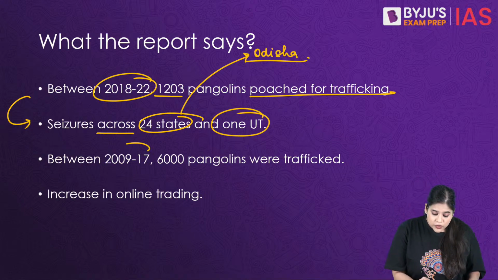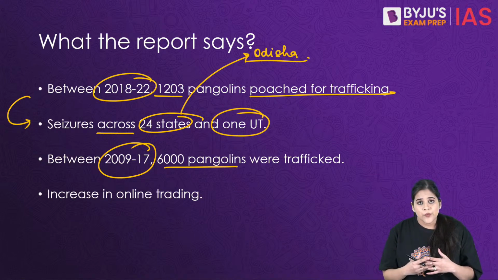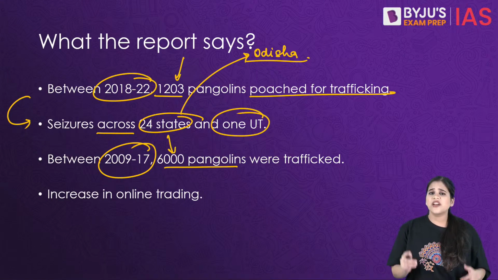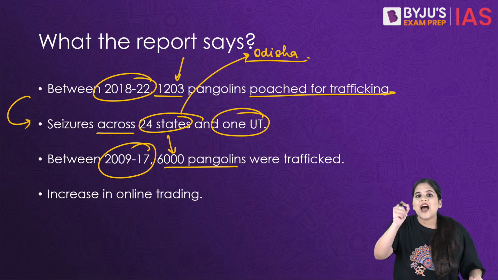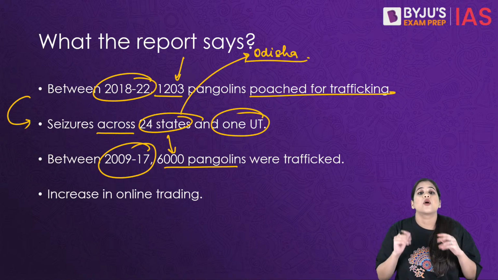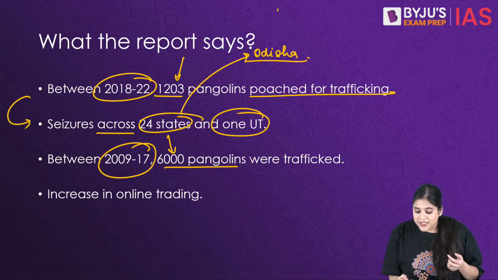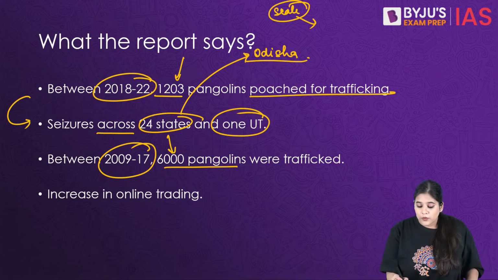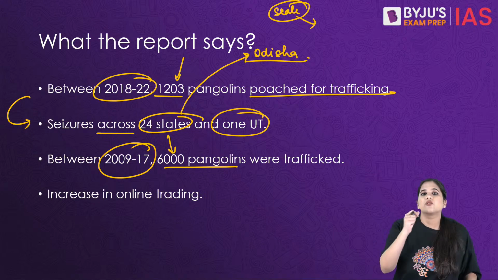Now, between 2009 and 17, 6,000 pangolins were trafficked. Now, according to the report, this data is very conservative. We are not able to give the actual figures because many of the trafficked animals are not even caught. Moreover, the caught amount of scales is not a very good indicator of how many pangolins were killed to get those scales.